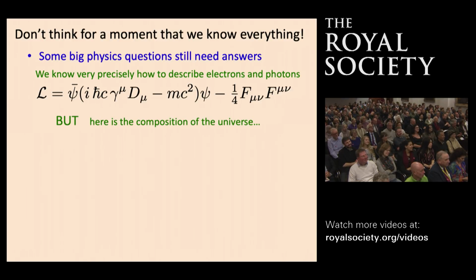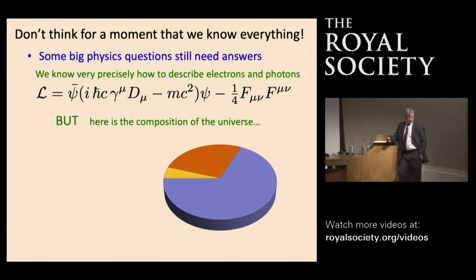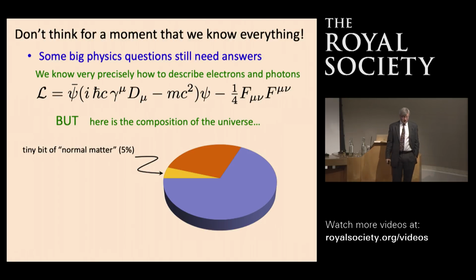But here is the composition of the universe as far as we know it. This is a pie chart. The yellow bit, that's 5% of everything. That's the normal matter. That's the stuff that we began with, the animals and trees and birds and air and stuff that we live with. Okay, well, we understand that.